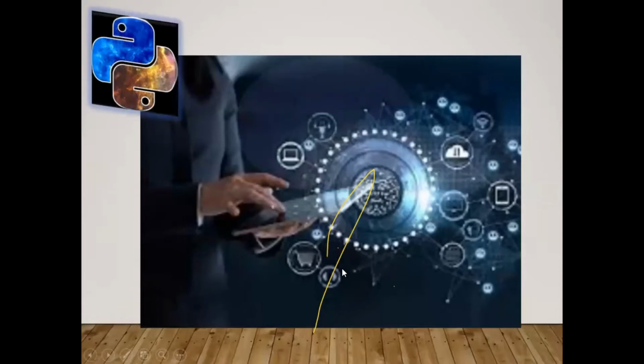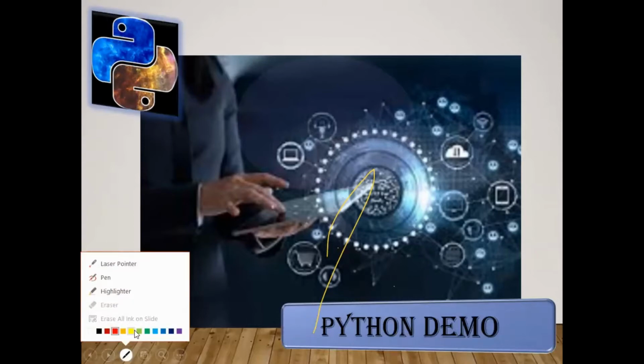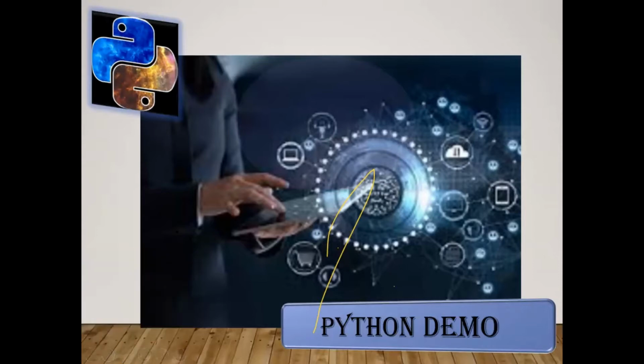When we are talking about Python, why are we going for Python? Does anyone want to highlight why we are focusing on Python, when we have different programming languages already in the market? If not, let me tell you.